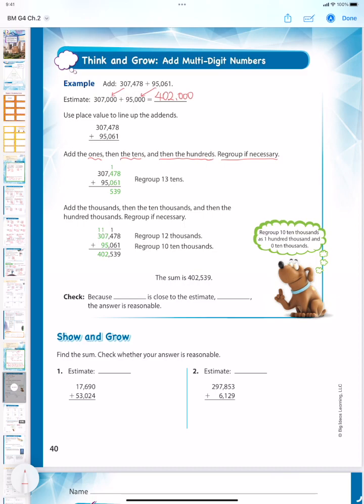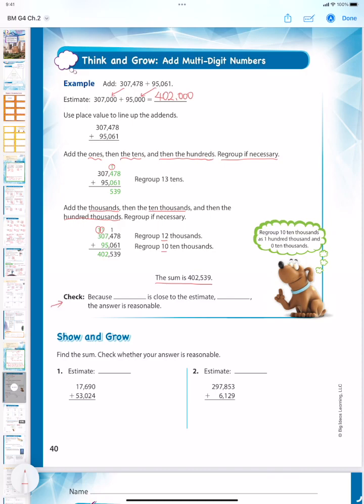As you see here, they need to regroup 13 tens and carry 1 up. And add the thousands, then the 10,000s, and then the 100,000s. Regroup if necessary again. And they had to regroup 12,000s and 10,000s. So the sum is what? 402,539.